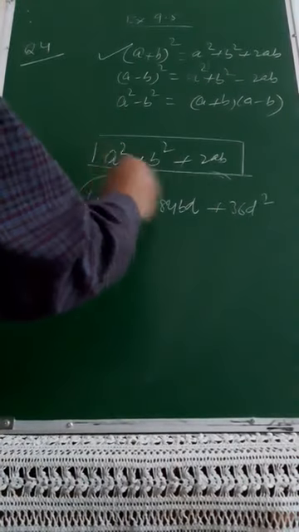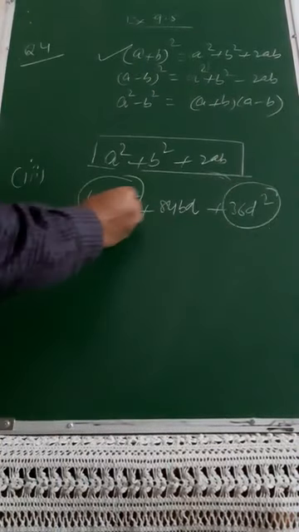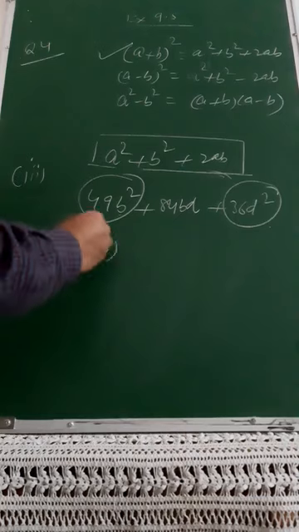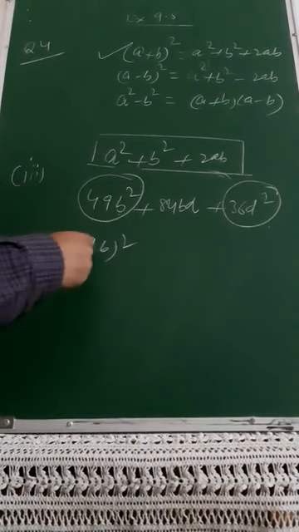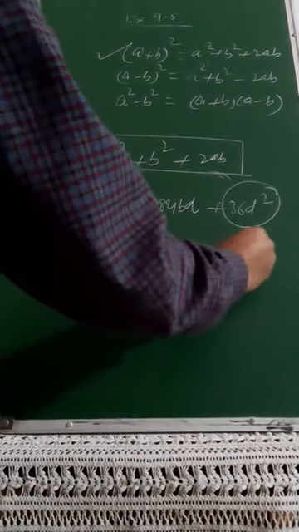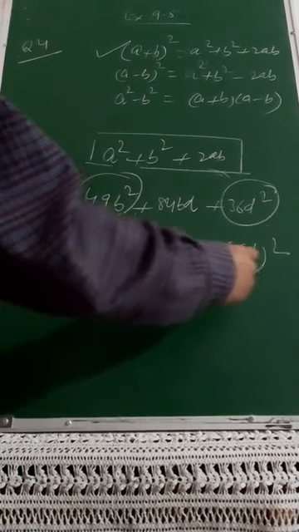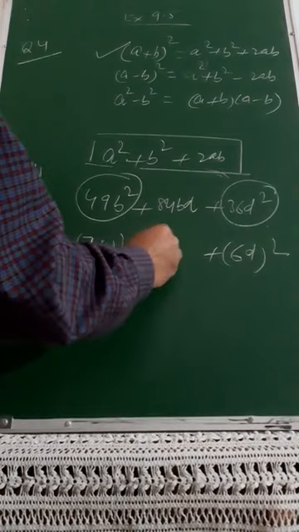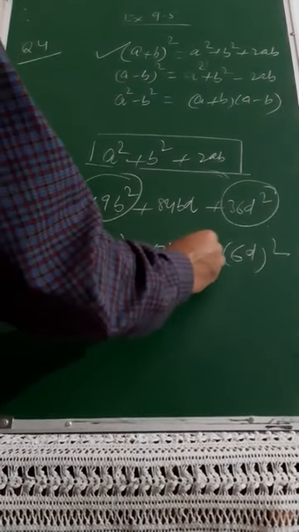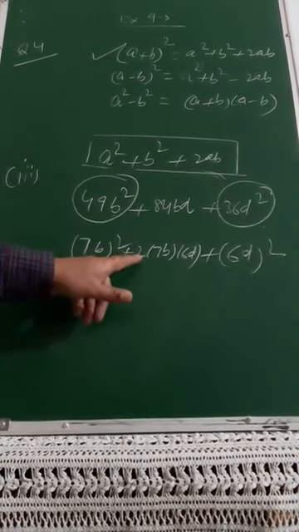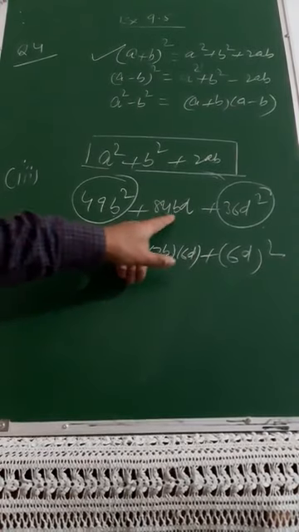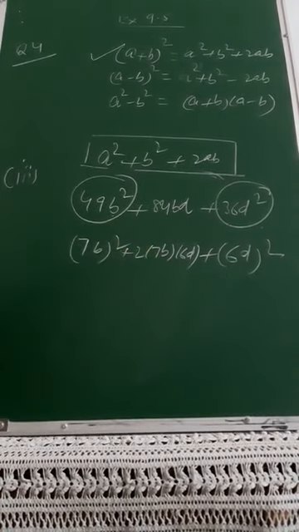Now you find out 7b: 49 is the square of 7, b square is the square of b. 36 is the square of 6, and d square is the square of d. So a square plus b square plus 2ab means 7b into 6d. Now 2 sevens are 14, 14 times 6 is 84. Exactly 84bd will be there.